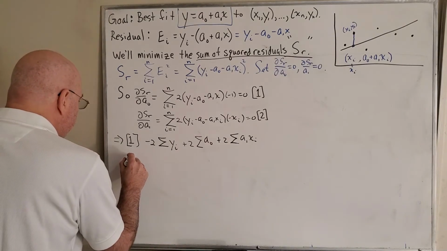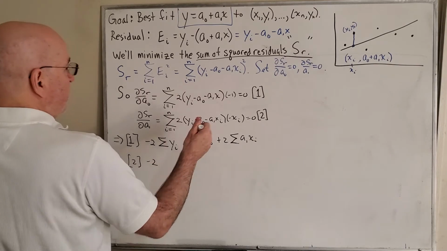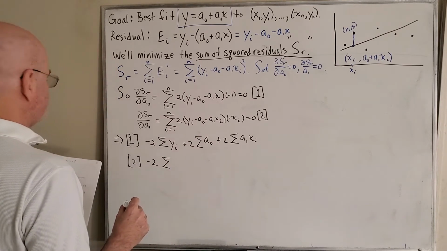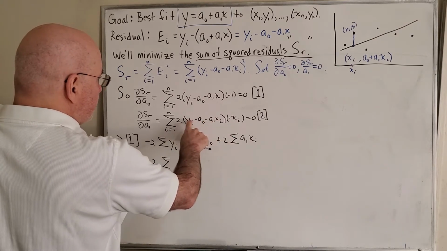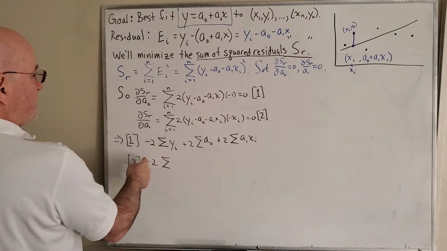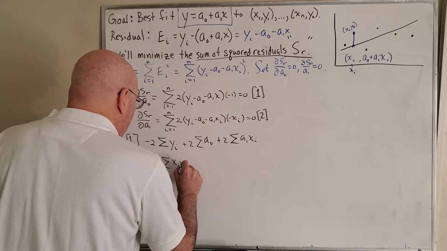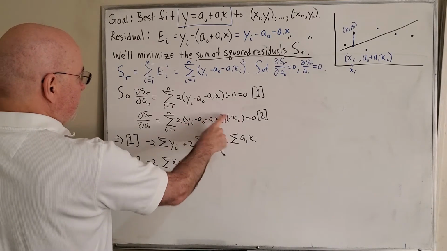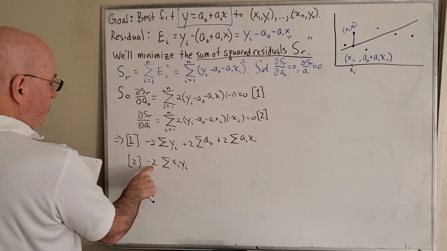And then number 2 gives us negative 2 times, let's see, now we've got to multiply these three terms through by a negative 2xi. So we're pulling the 2's out in front of the sums, and I'm getting xi yi for this term. Because remember, this is negative 2xi yi. There's the xi yi, and I pulled the negative 2 out in front of the sum.